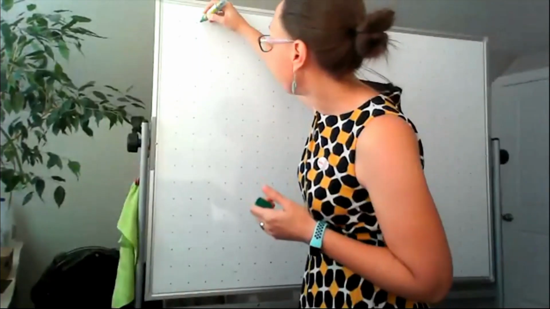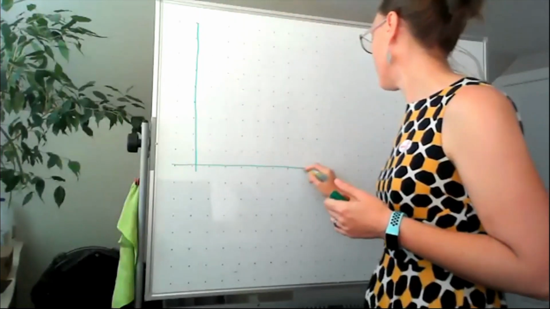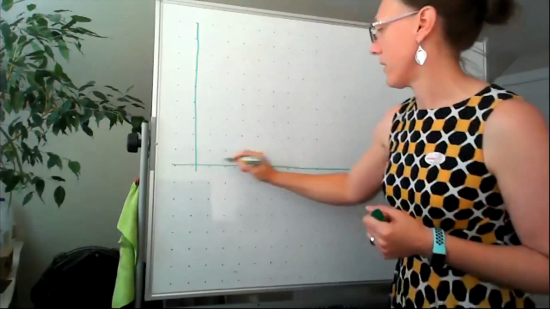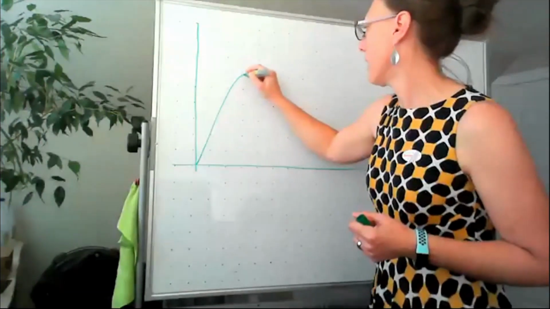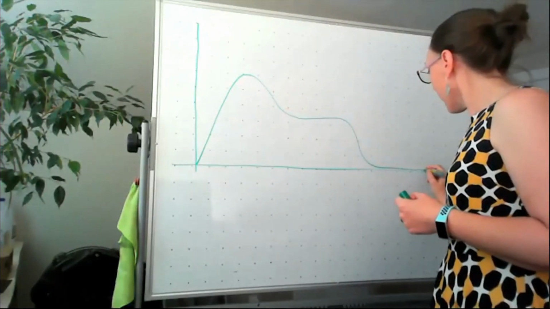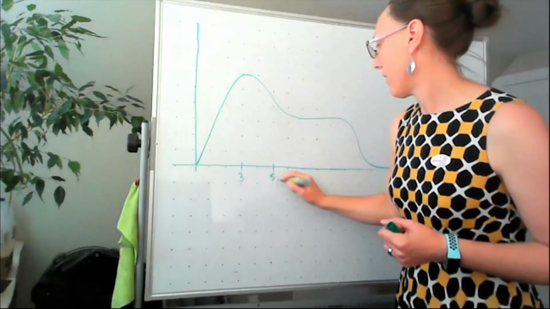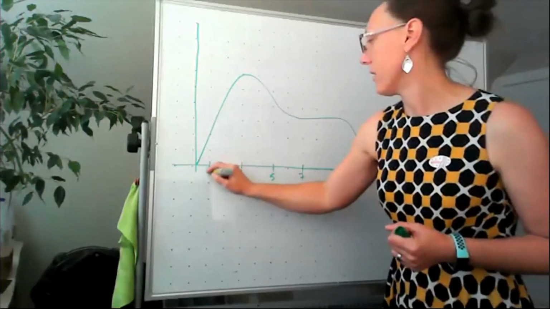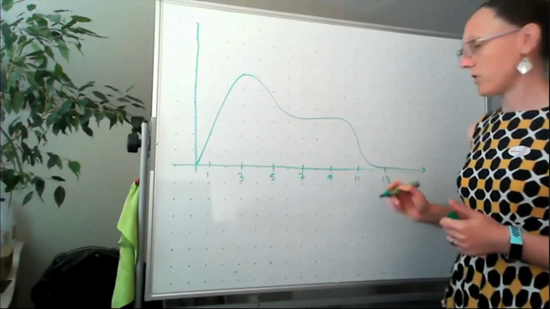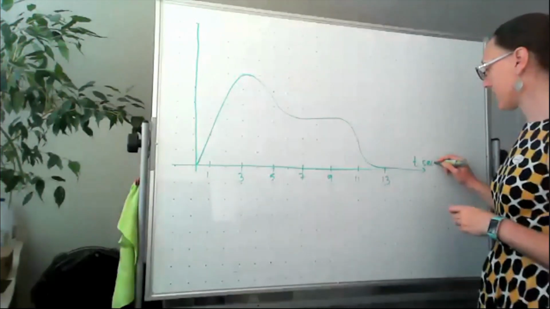So let's say that I have something like this, and 3, 5, 7, 9, 11, 13, and this is going to be t in seconds.